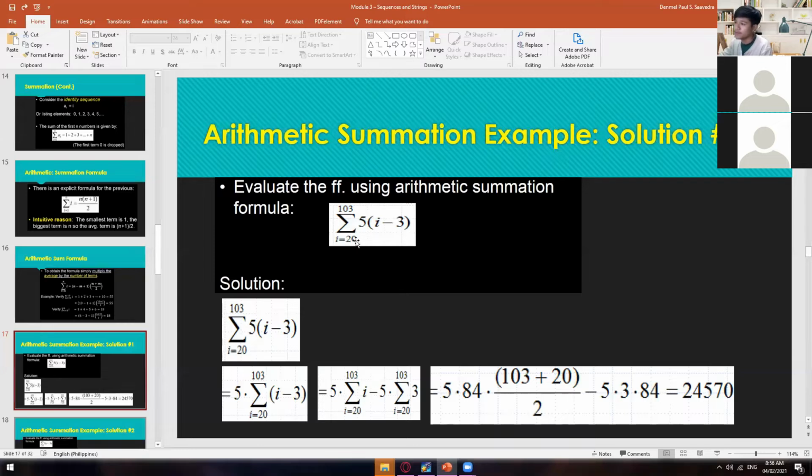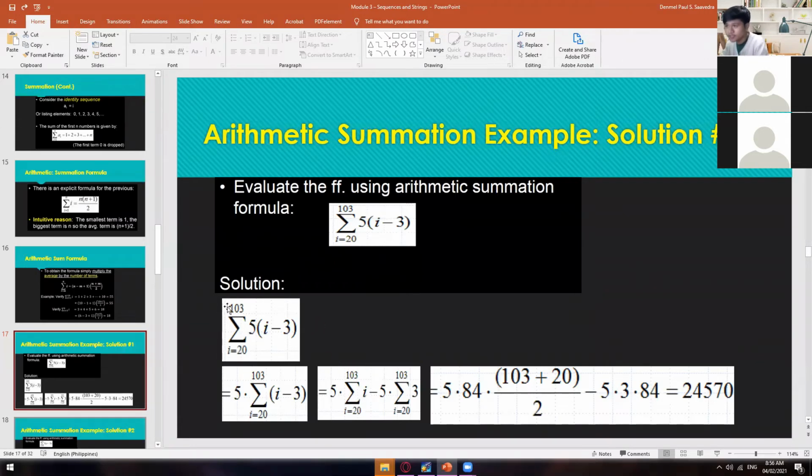So we have here the starting point is 20 up to 103. And then we have this given formula, 5 times i minus 3. So you cannot just substitute the value of i here right away. So we have this given step-by-step solution on how we came up with a more elaborate formula.